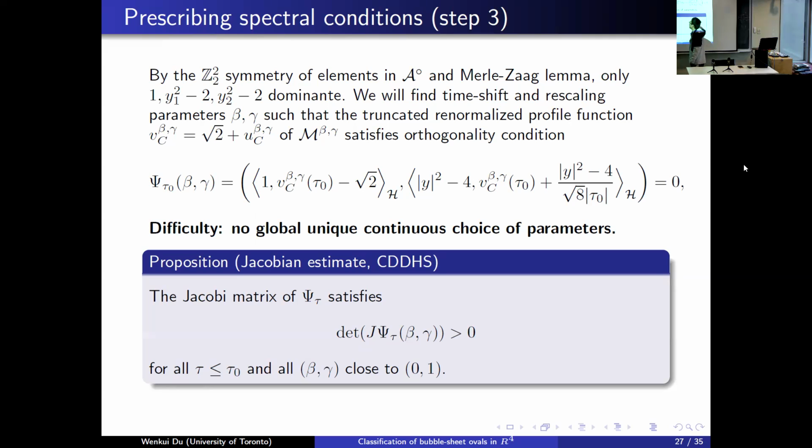You cannot say that the scaling parameter gamma and the time shift parameter beta depend on the flow continuously. But luckily, we can do Jacobian estimates, and locally we can choose a continuous branch. The Jacobian estimate says that this map's Jacobian is not degenerate.